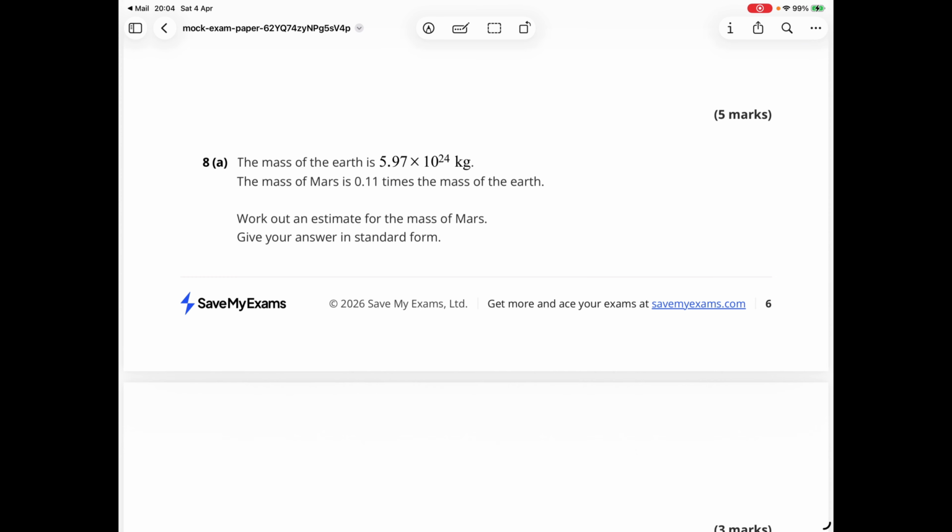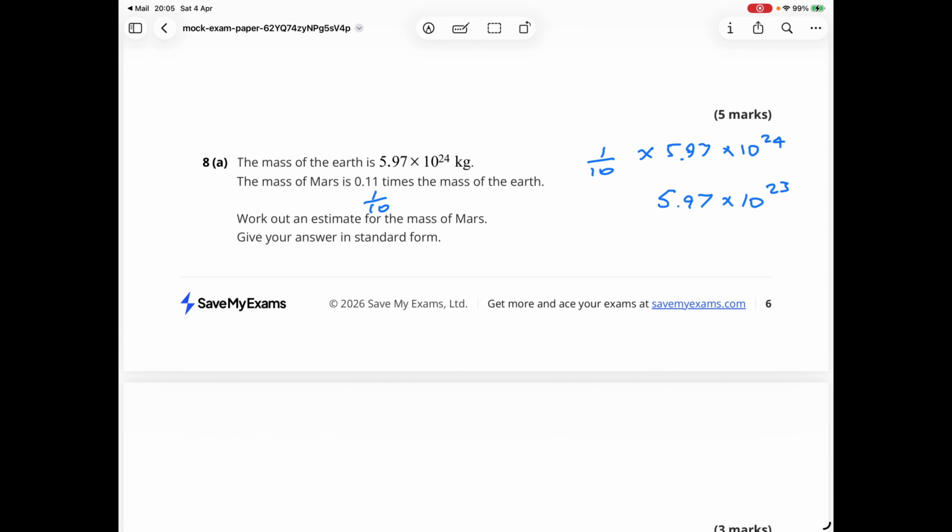Let's think about how to do this. So this is a tenth. So what is 1/10 times 5.97 times 10 to the power 24? Well, it's basically go down a number, so it's 5.97 times 10 to the power 23 is the answer.